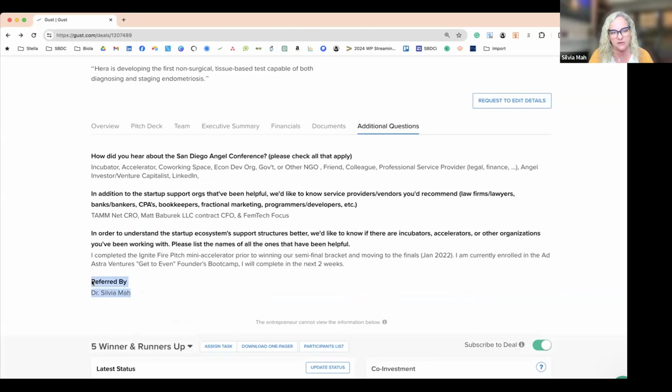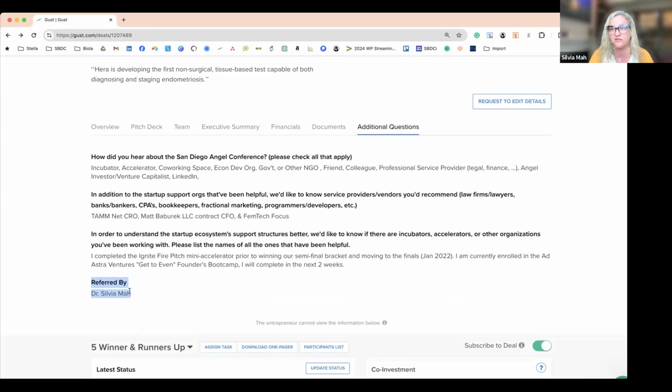Another thing here is that she was referred by me, and a lot of investors like this piece: who referred them, right? It's because it's trust. If I referred a female founder to STAC, it's like, well, she might have worked with them because I run a female-led accelerator. So they're like, oh, okay, interesting. She's here for a reason. Sylvia referred. Or if Misty referred somebody, oh, wow, why did she do it?